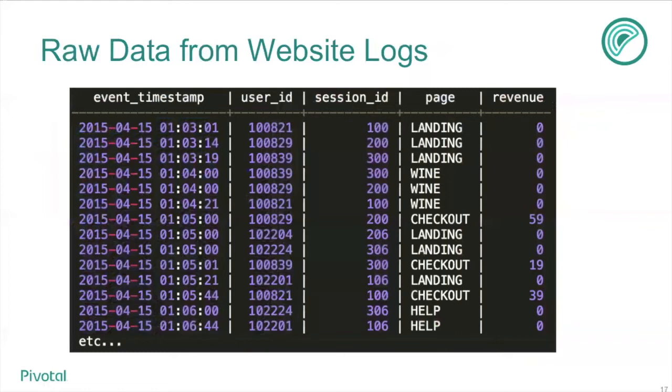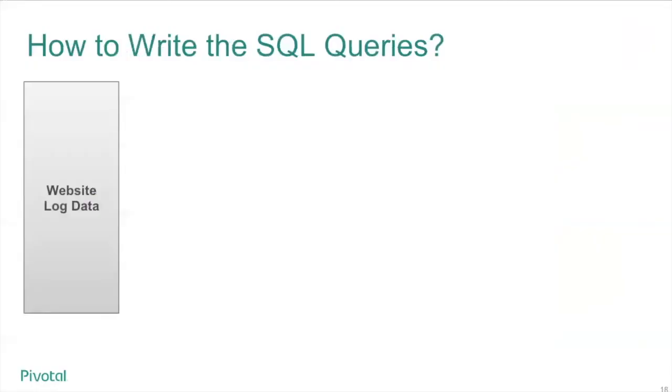Well, this is the raw data we have from our website. A beacon fires events to a log file whenever a shopper visits pages on our site. Landing page, a wine selection page, checkout page with associated revenue. It's time-stamped. I have a user ID here. But how can I query this data to answer the business question that I have about my valuable quick shoppers?